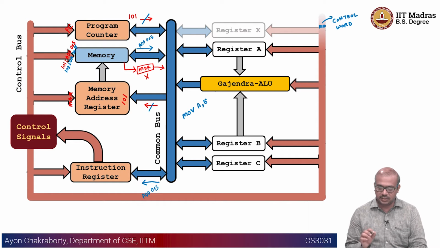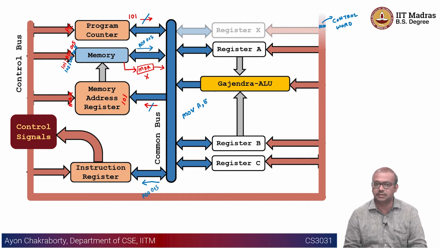But there are things that have to be very strictly followed. The timeline of the different events that we are going to have to achieve this move A comma B has to be pretty well defined and pretty strict. Not only that, we are not really making this entire hardware to just support move A comma B, but this is going to be a general architecture that is going to support a lot of other instructions, maybe 50, 60, 100 instructions, or sometimes even hundreds of instructions.